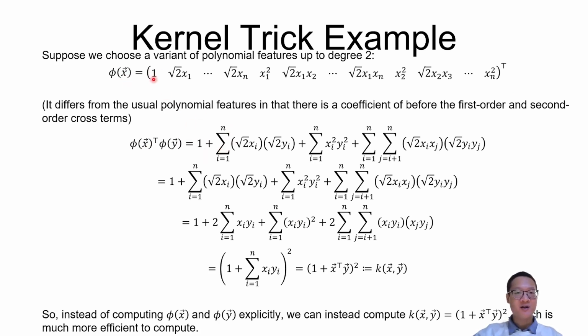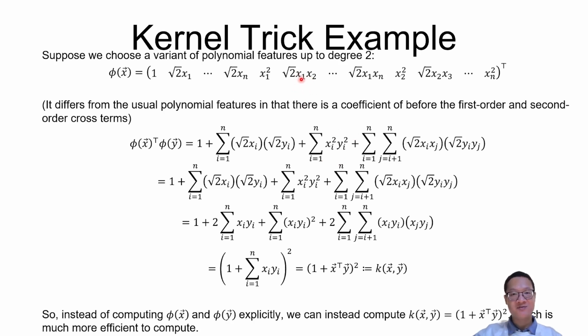So we're going to have the 1, and then we'll have all the linear terms multiplied together. That's going to give us root 2 xi, root 2 yi added together. And then we have all the square terms added together, so that's the sum of xi squared, yi squared, and then all the cross terms added together.